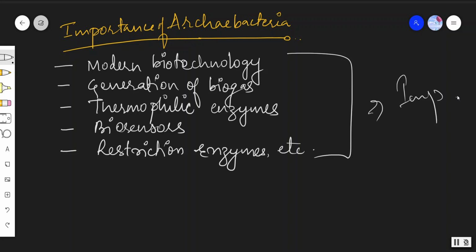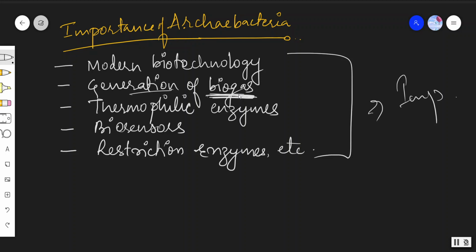They are the anaerobic form of bacteria, present in marshy areas, and they produce methane, which is important for biogas. Here the generation of biogas, the importance, we have discussed. Next one is halophiles. They are extremely anaerobic bacteria found in strong salt conditions, and they can trap solar energy to produce ATP, which is further used by the living cell for its survival.